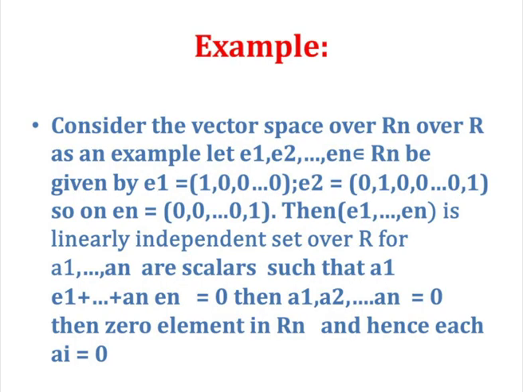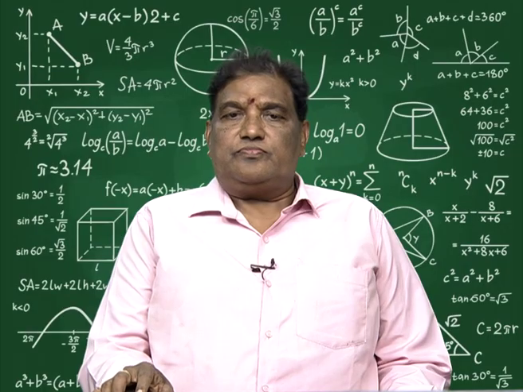Consider the vector space R n over R as an example. Let E1, E2, etcetera E n belong to R n, given by E1 equal to 1, 0, 0, etcetera 0; E2 equal to 0, 1, 0, etcetera 0; E3 equal to 0, 0, 1, 0, etcetera 0, and so on, E n equal to 0, 0, etcetera 1.